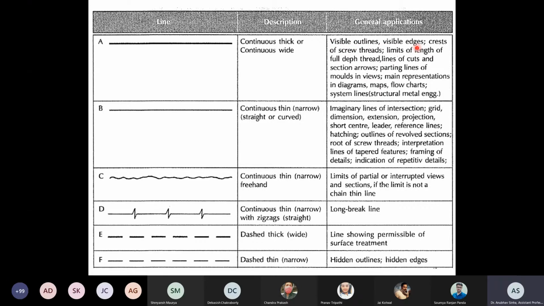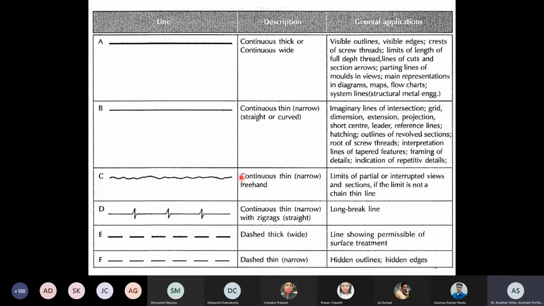When we go for, let us say, cut sections or some hidden sections, then we may need imaginary lines. It will be more clear once we draw that particular plot. But you should go through it once, to see what the different applications are for different types of lines.